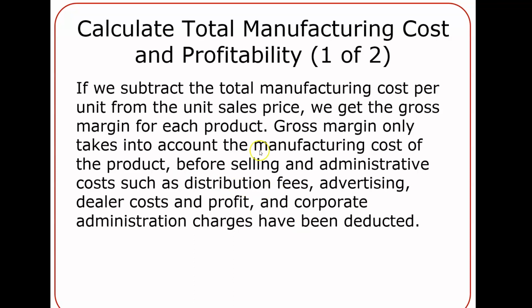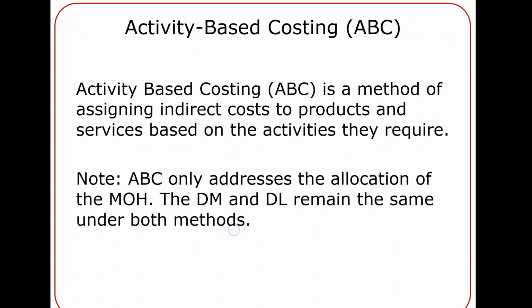This is an important term: gross margin. So that only takes into account what it costs to manufacture it. You still have all the other costs below your gross margin, your selling and administrative costs and all of that stuff. So gross margin is total sales price, or the unit sales price, minus the unit manufacturing cost.